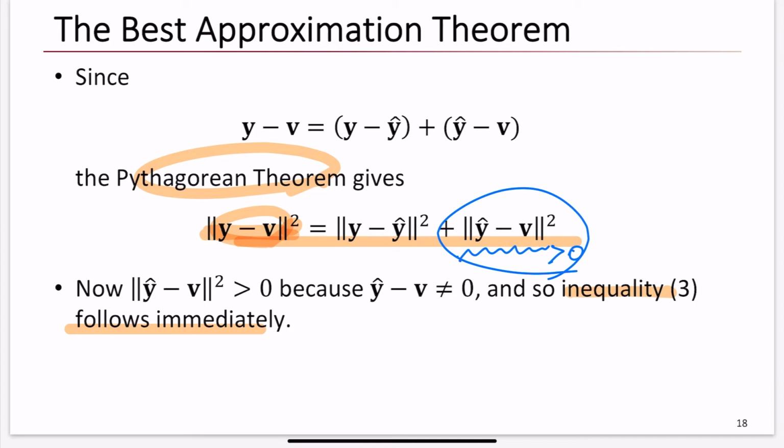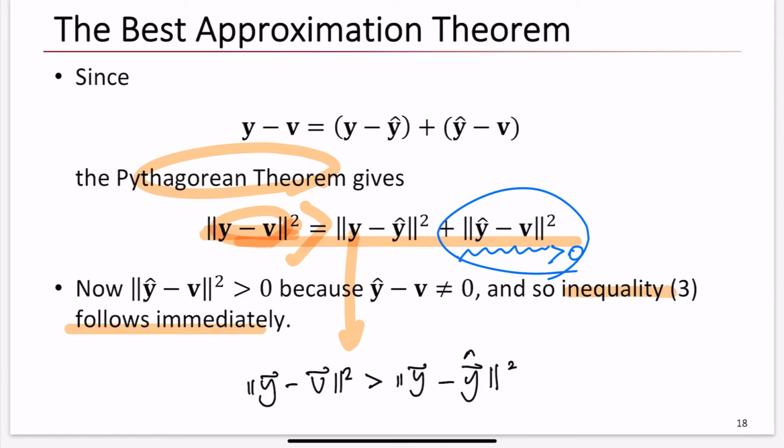So I mean this one, y minus v, is larger than y minus y hat. So y hat is the best approximation for y in the subspace. This is the best approximation theorem. That's it.